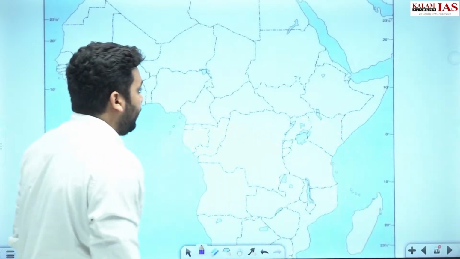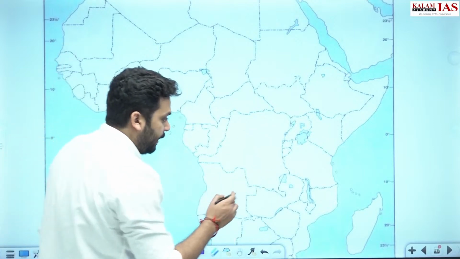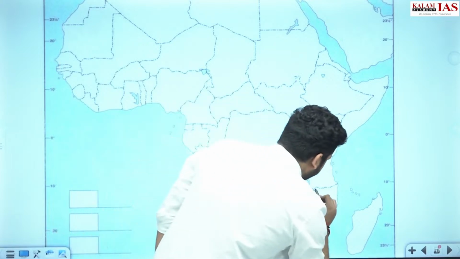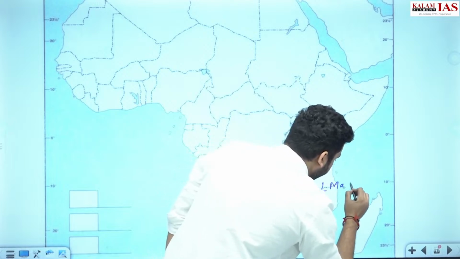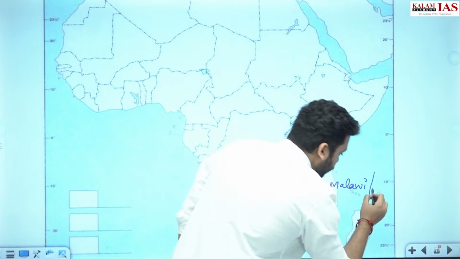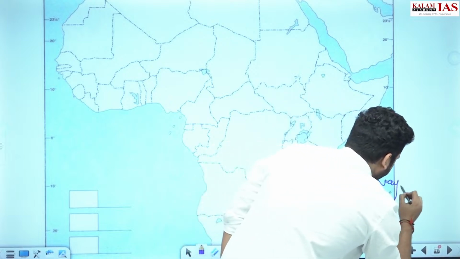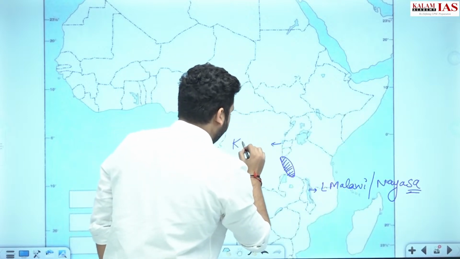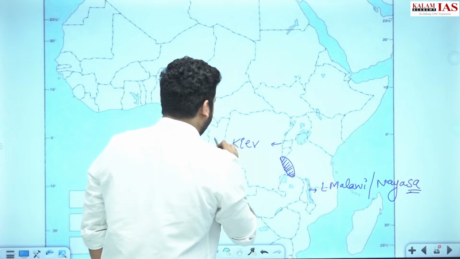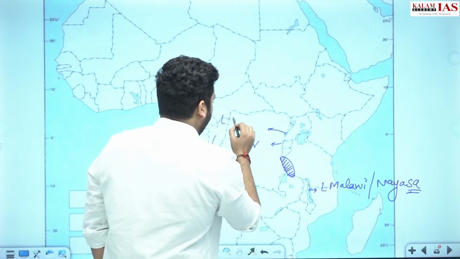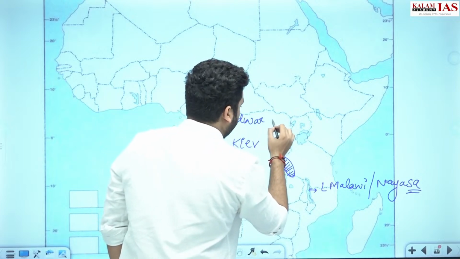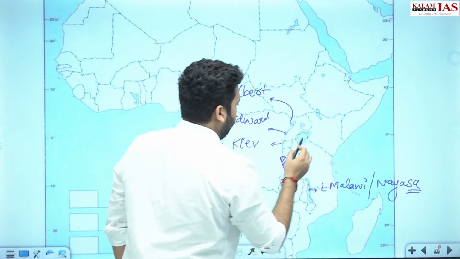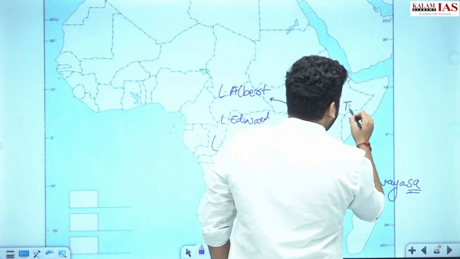Now let's mark on the map the lakes and countries we have studied so far. This is Lake Malawi, also called Lake Nyasa. Then we have Kivu, Edward, Albert, Lake Turkana.